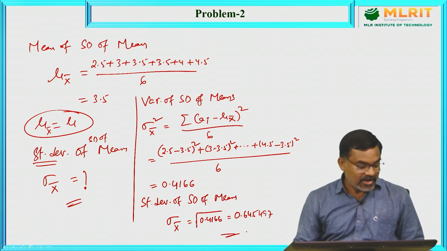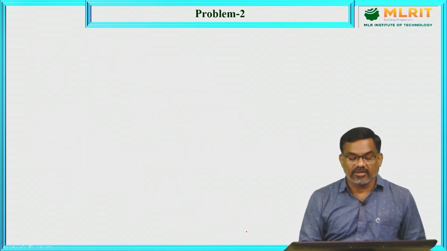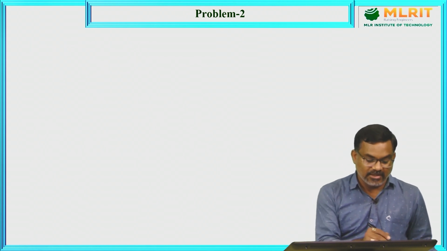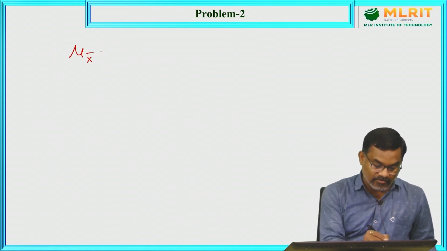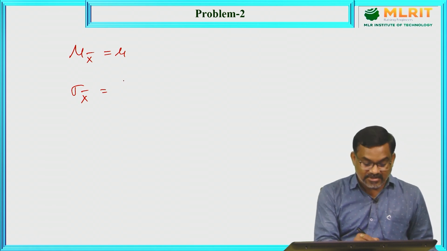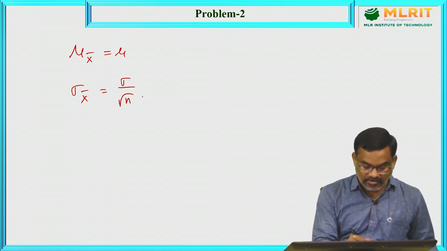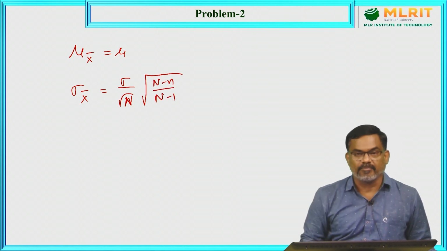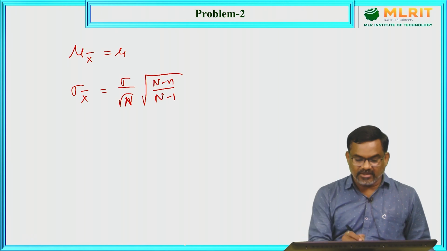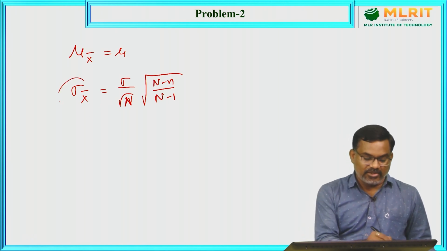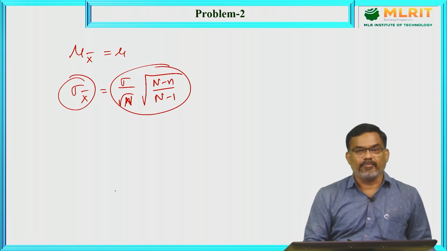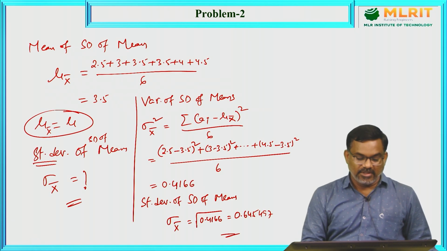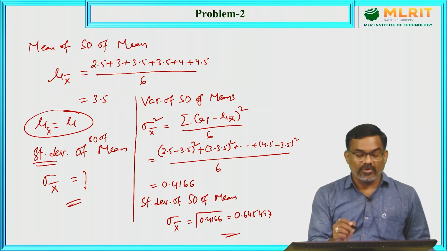And again, here we can cross check the conditions as mu x bar equal to mu, and sigma x bar will be sigma by root n into the square root of capital N minus small n by capital N minus 1. So we can cross check these two values will be the same. So, this is in the case of without replacement.